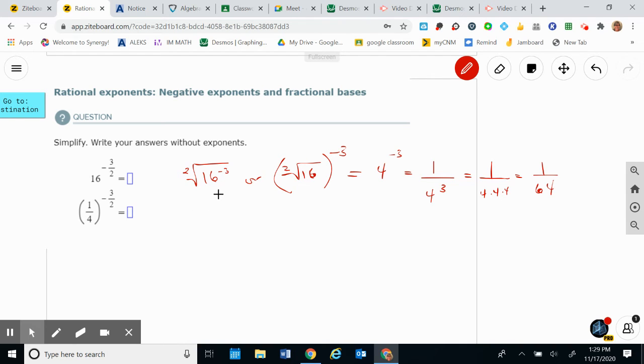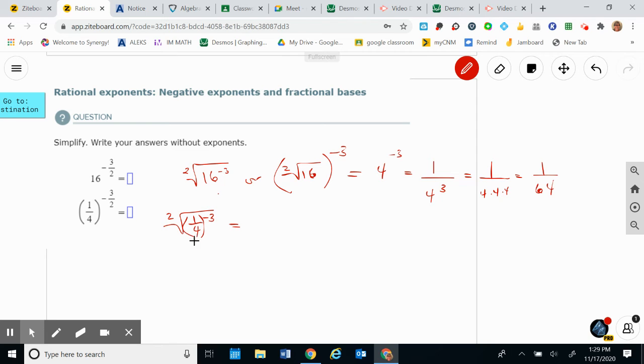Definitely the idea is to show this work. Here you are going to put the square root of 1/4 to the negative 3. Now this is your choice.